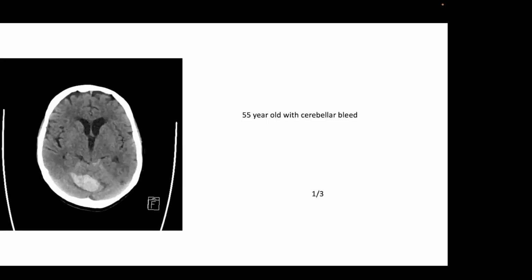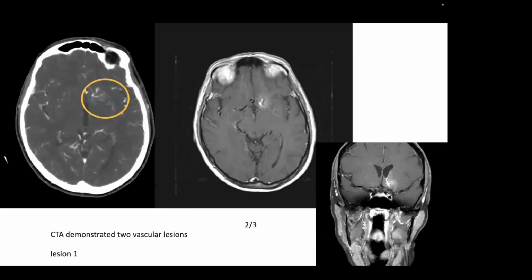All right, here's a 55-year-old with a cerebellar bleed. You see there's a little bit of edema around it. It looks like it's in the parenchyma, okay? There were actually 2 lesions visible on the MR scan. Here's lesion 1, okay?